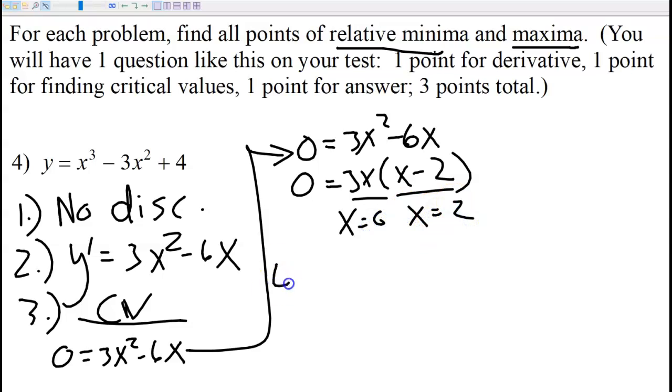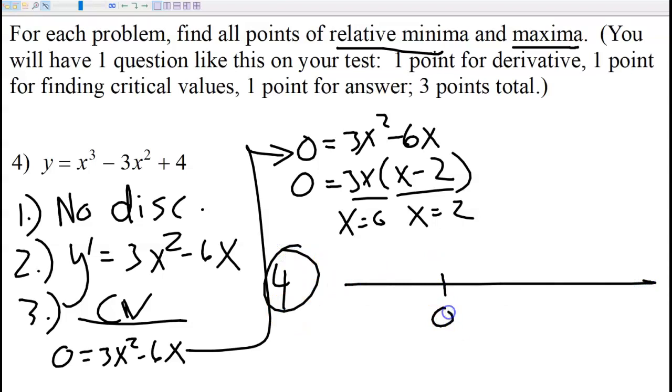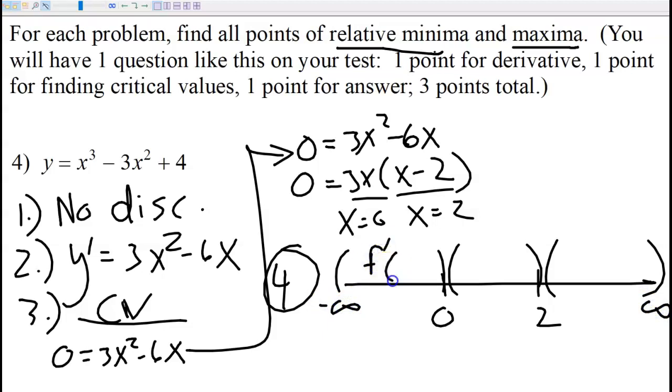And then the fourth thing you're going to do is you're going to do that number line test. So we have 0, we have 2, and our goal is we want to plug in a number from these 3 intervals here, from negative infinity over here and positive here. We're going to plug in a number from these intervals into our derivative. I guess I should be using y, not f, because we're not talking about a function named f.